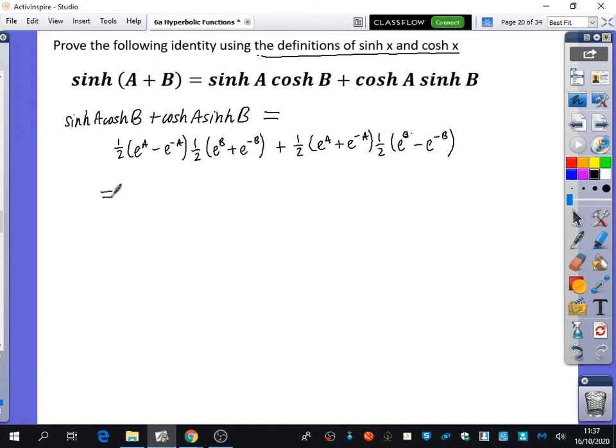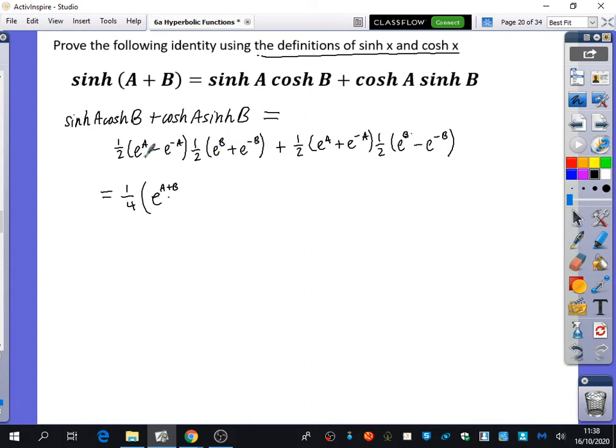Okay, so let's evaluate the first terms that we've got here. We've got a quarter from these halves, like this, and then I'm also going to expand these double brackets that I've got here, okay? So expanding them really carefully, I'm going to have an e to the A, e to the b. Should I just do it as an a plus b? Are you okay for me to go straight to adding the powers because they're being multiplied? So we're going to go to e to the a plus b.